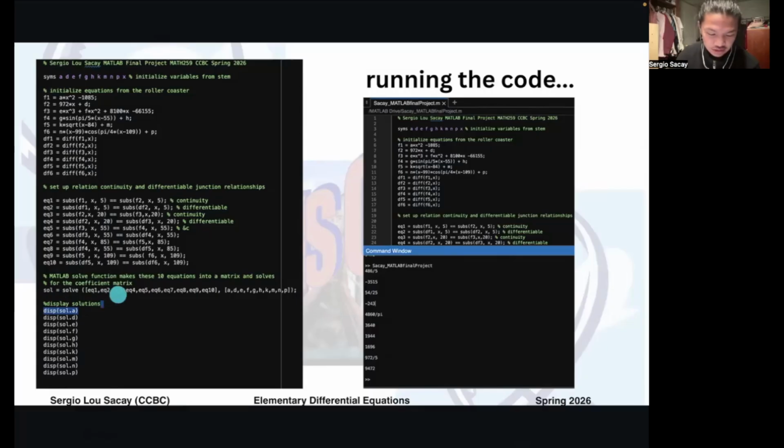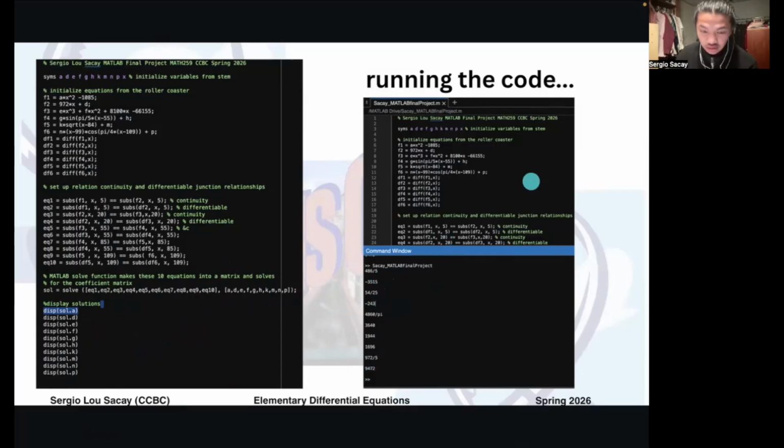What this does is set up a matrix and probably does some row reducing, and then it obtains each constant. It's pretty cool. So we can display each of the solutions like so. And then we get A equals 486 over 5.